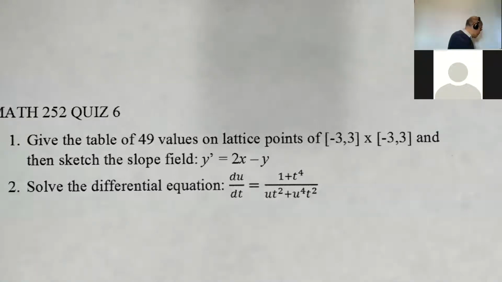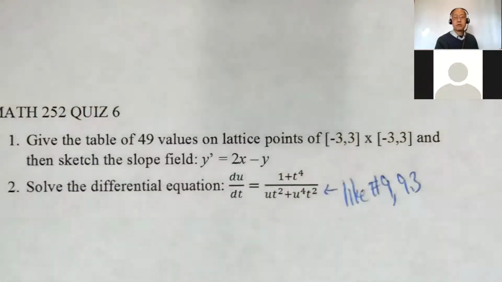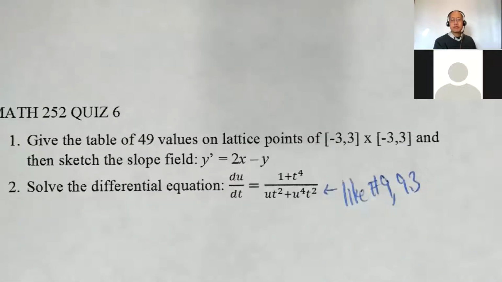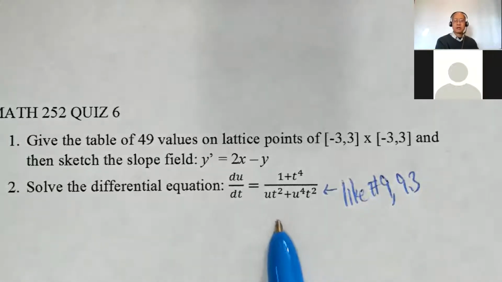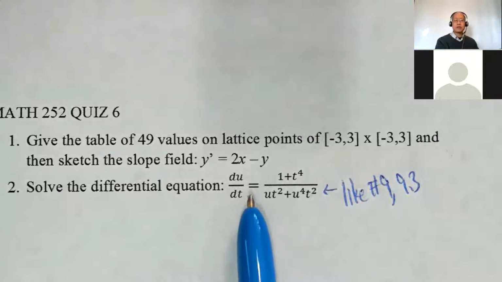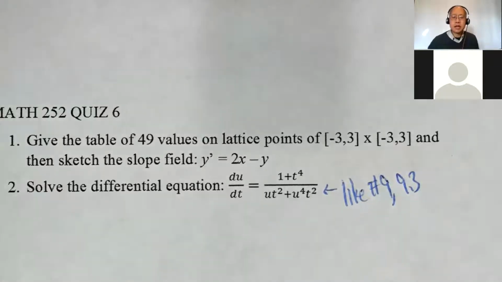The closest one to it is like problem 9 in 9.3 that we did, where you have to do some factoring. It's actually easier than number 9 in my opinion. So do some factoring, get all the u's together with du, get the t's together with dt, and then go from there.